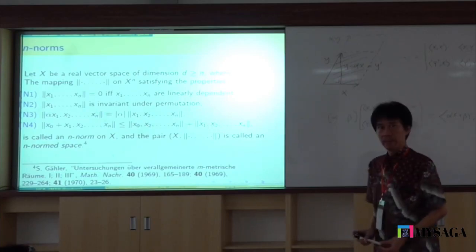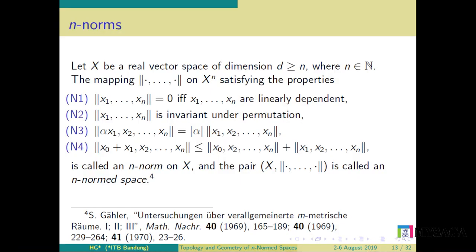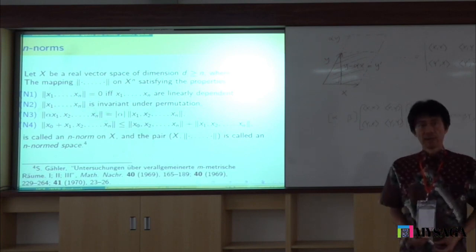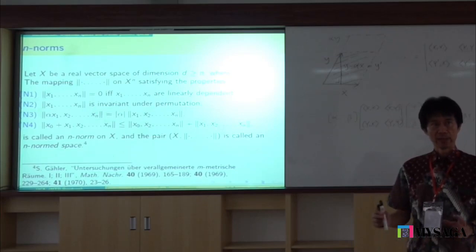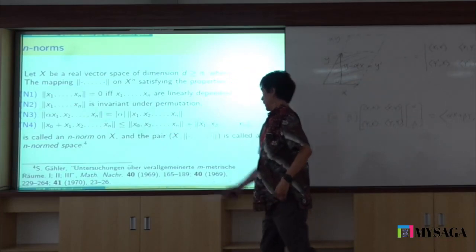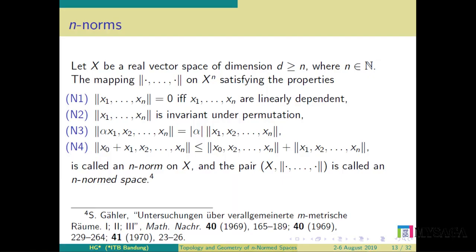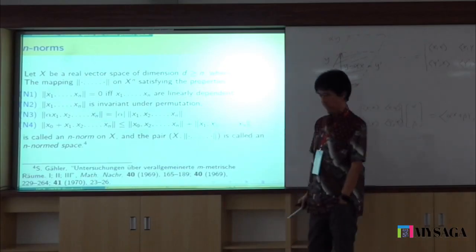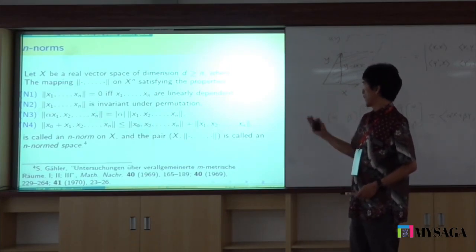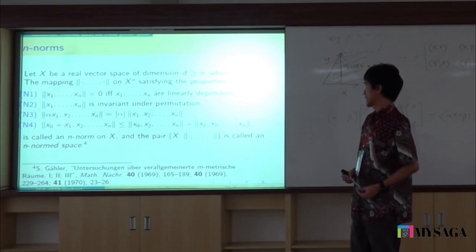And the fourth one is the triangular inequality. If one vector is the sum of two vectors, then the volume will be less than or equal to the sum of the volumes of the two parallelepipeds. One is spanned by the first vector with all the other vectors the same, and the second is spanned by x1' and then the same vectors x2 up to xn.